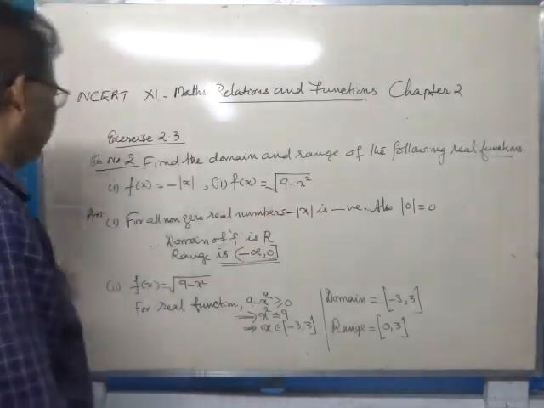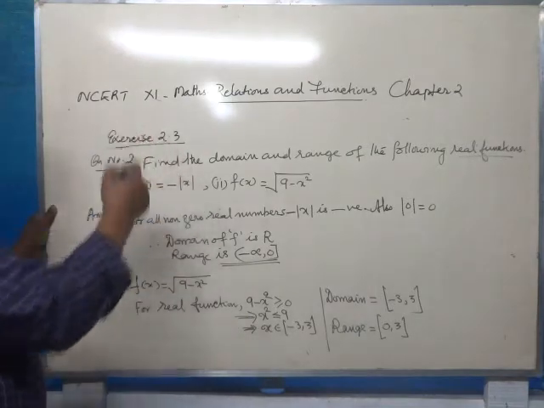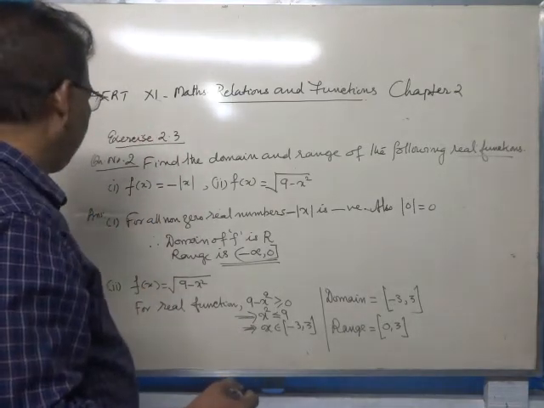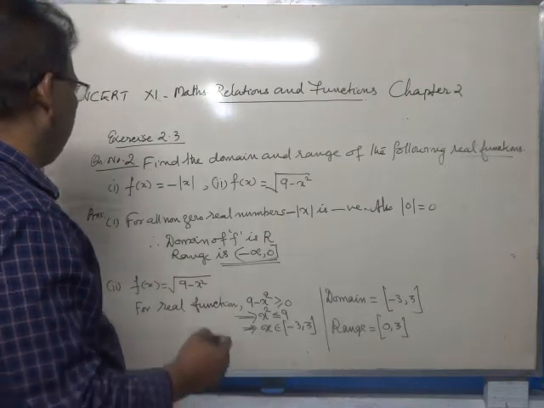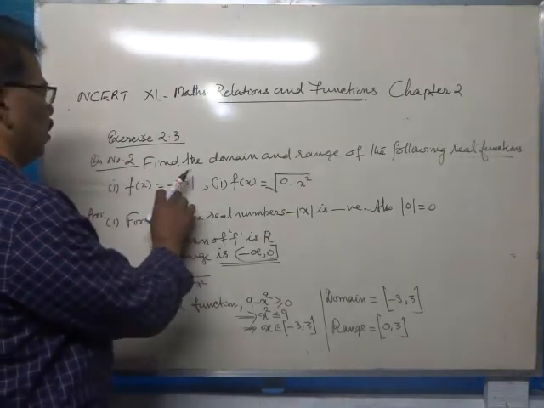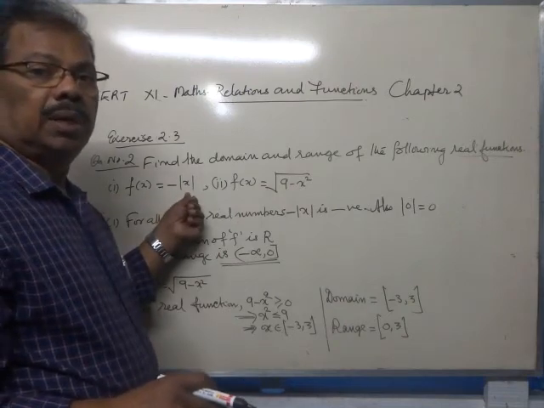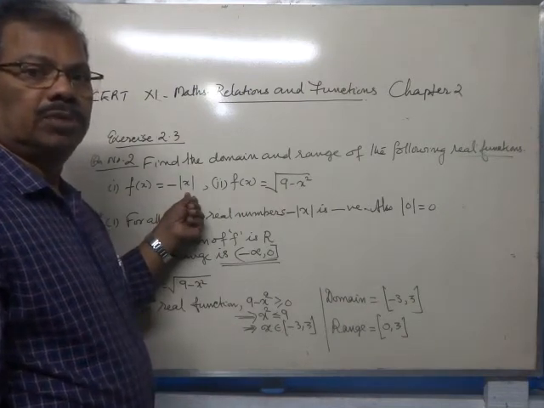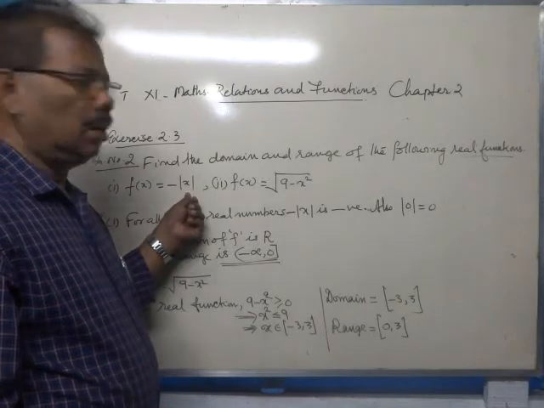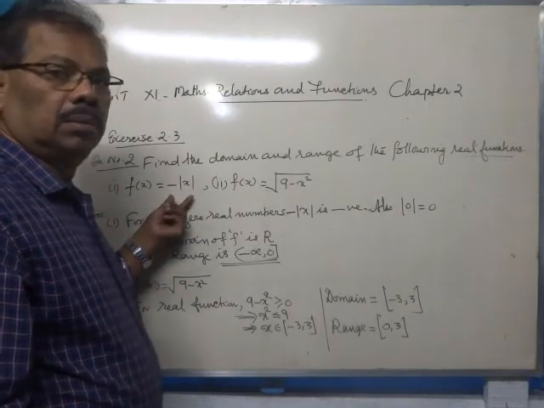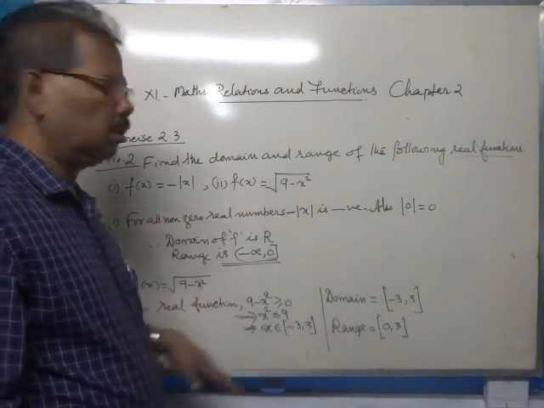Now we shall look into the first one. See, you put x equals a positive real number. Modulus will be positive and the image is said to be negative. So it is a negative number.